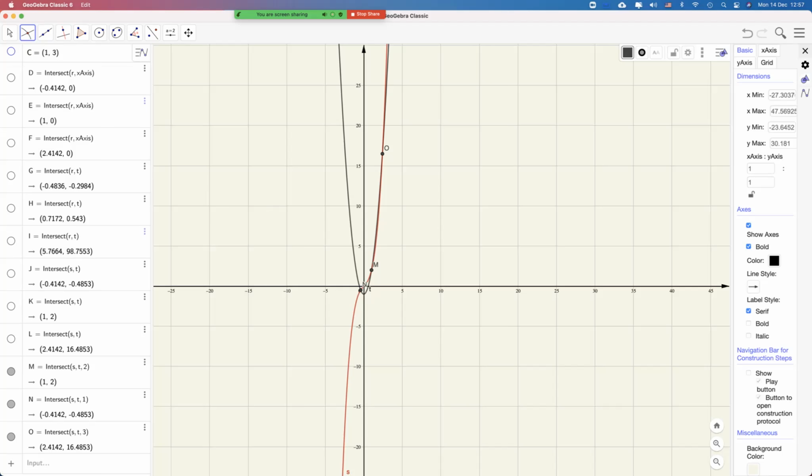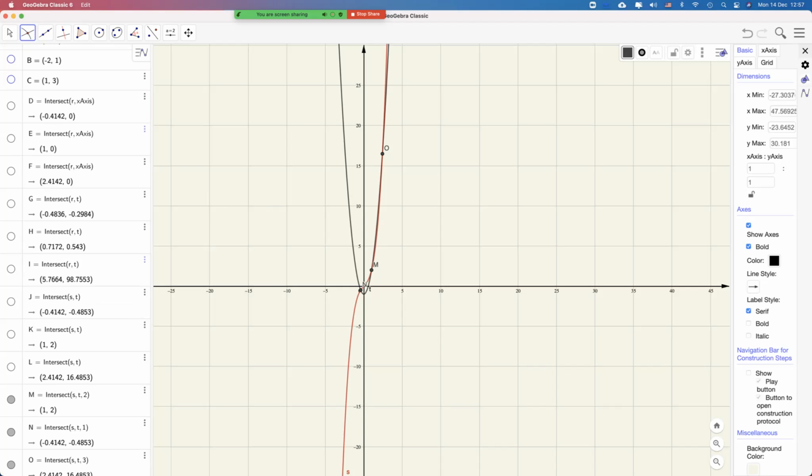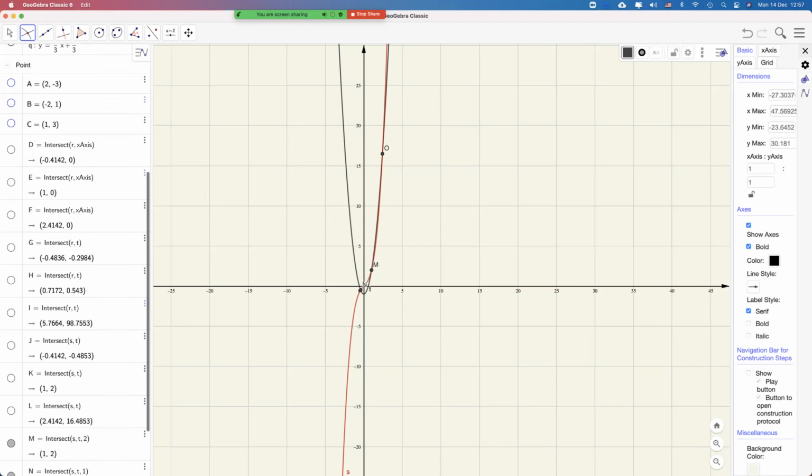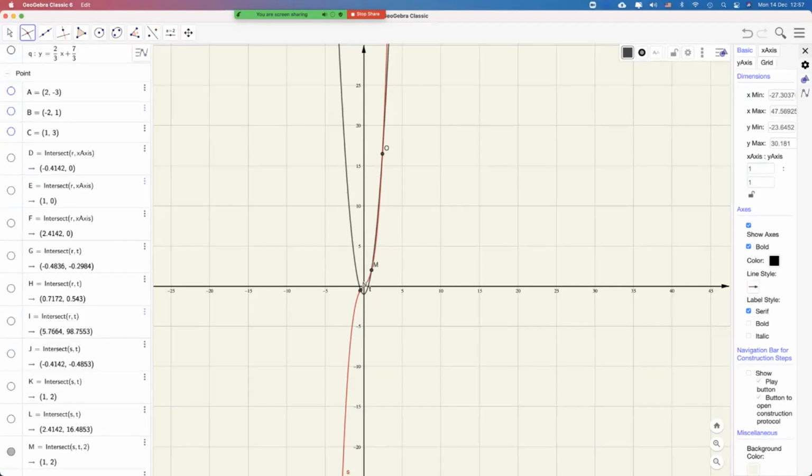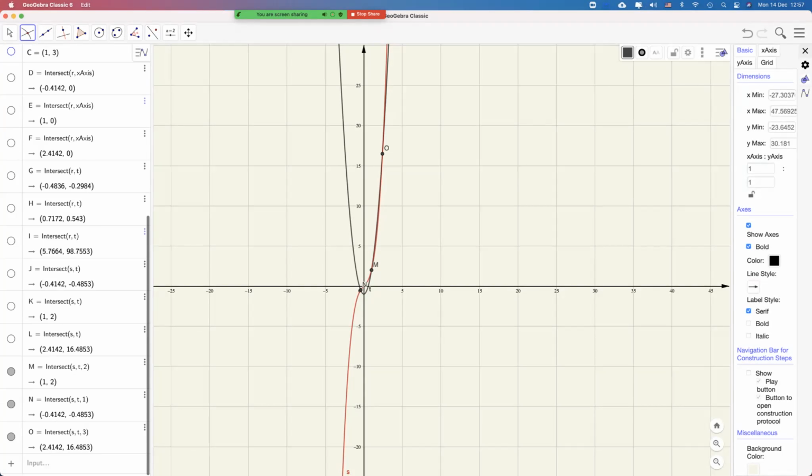But let us go here to the previous one. Yes, here. F. That was the solution from the previous method. We found 2.4142 for the x coordinate. But now if I go to O, the y coordinate is totally different, but who cares?